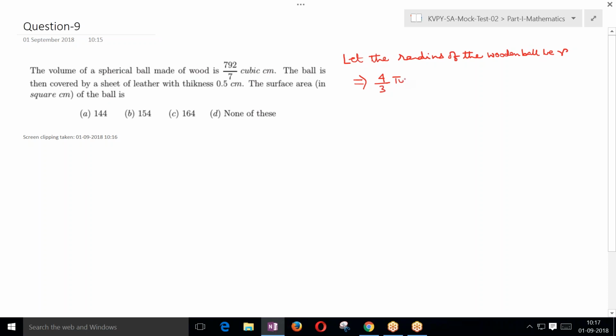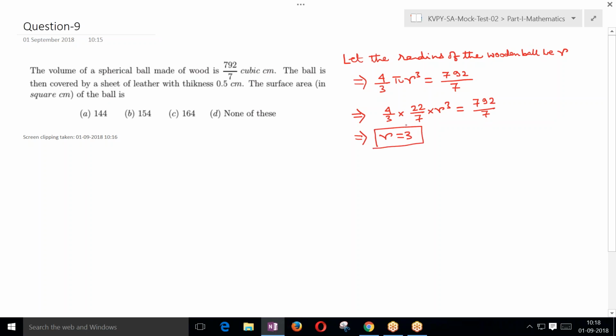So 4/3 into pi into r cube is equal to 792 divided by 7. Now you can simplify further. 4/3 into pi is 22/7, into r cube is equal to 792/7, and if you simplify further you will get r is equal to 3. That is the value of r you get.